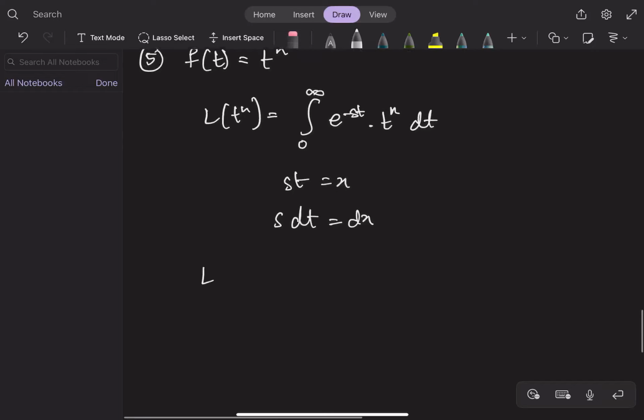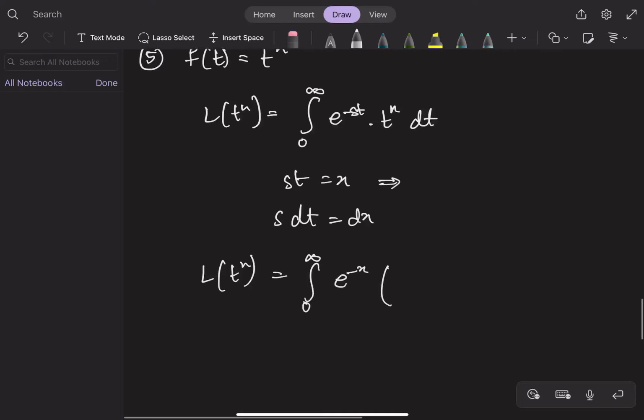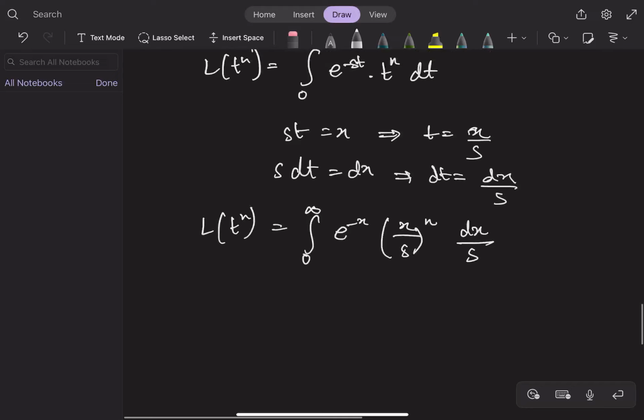So Laplace of t^n becomes integral 0 to infinity e raised to minus x, and your t becomes x by s, raised to n, dx divided by s, as you can write dt as dx by s. So I've just substituted these.